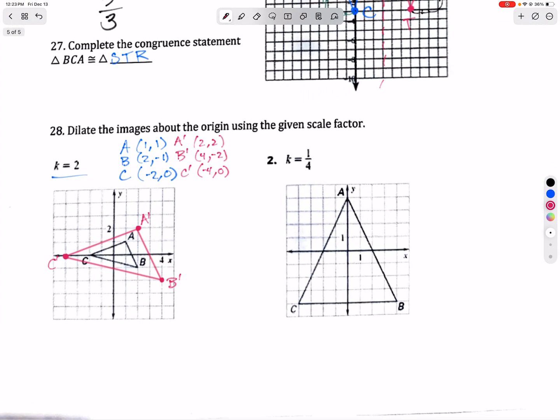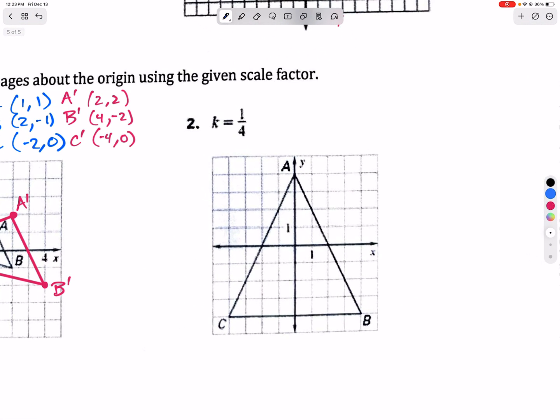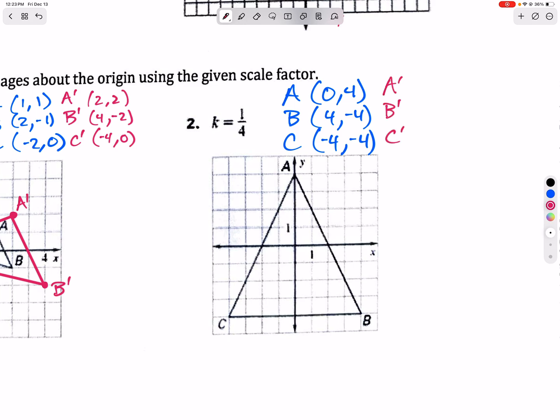Boom. Okay. Now we got to do 1/4. So I have my A, B, C. So A is at 0, 4. B is at 4, -4. C is at -4, -4. Okay, so we're going to 1/4 that bad boy. So A prime, B prime, C prime. So each one is going to be multiplying by a 4th or dividing by 4.